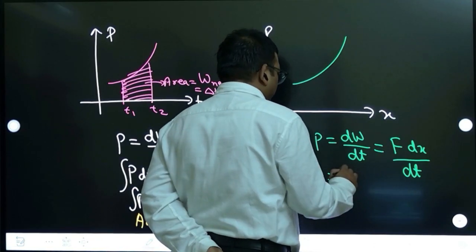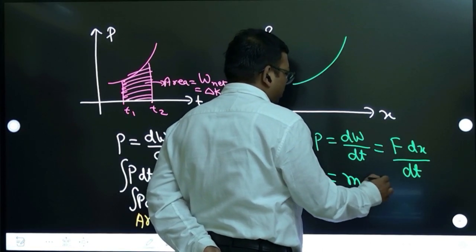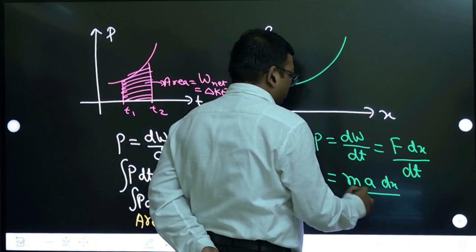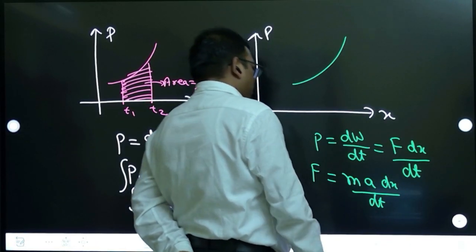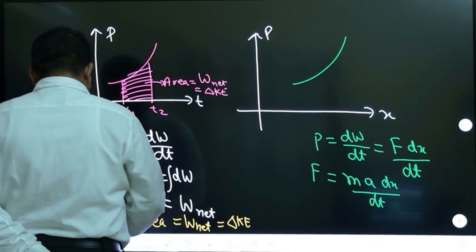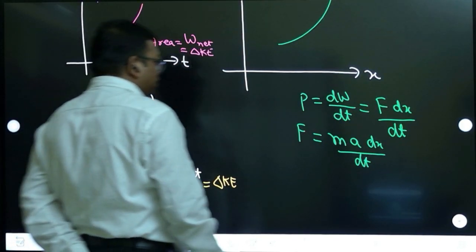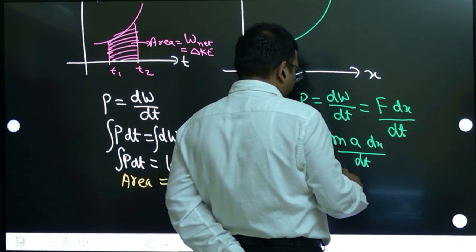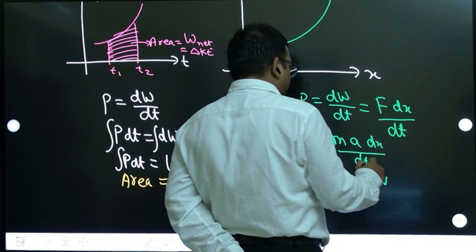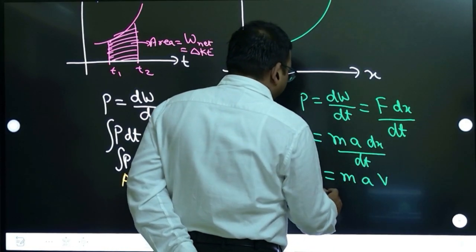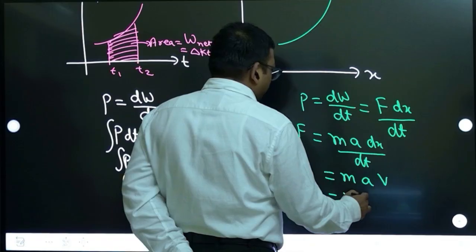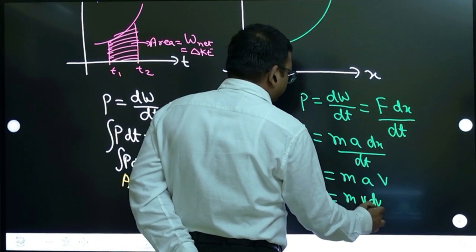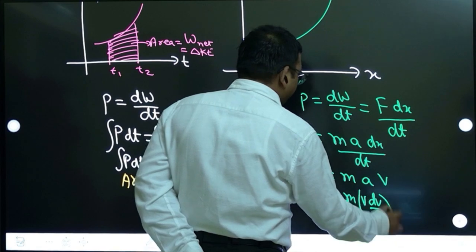Force I can write as mass into acceleration. Let us try. Dx by dt I will write as velocity. Acceleration I can write as v dv by dx.